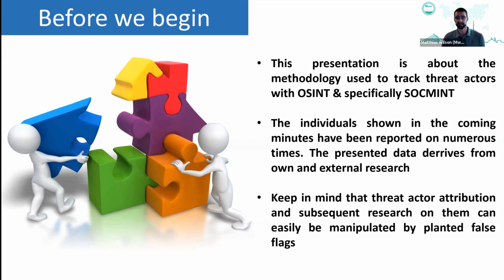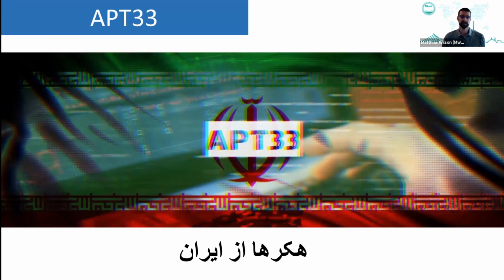Now, in this example, I have chosen APT33, a well-known Iranian-backed or Iranian-based group that has been causing lots of ruckus over the past couple years. Now, when I look at something like this, my focus is on people. My focus is not on the technology. My focus is not on the IT infrastructure that was used to perform such an attack.